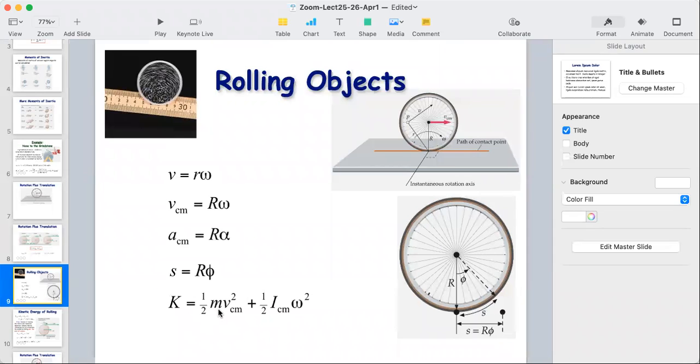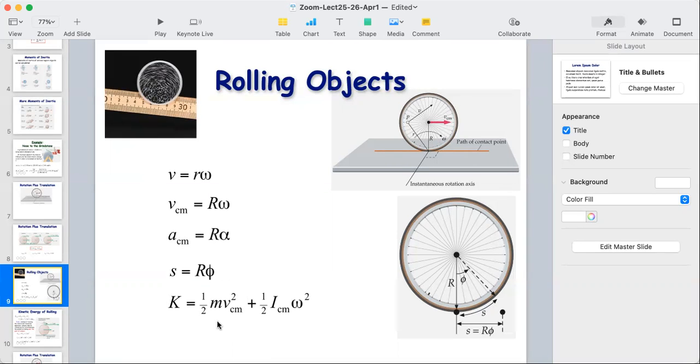Translation, we know, is 1/2 m v of the center of mass squared, and the rotation is 1/2 the moment of inertia times omega squared. Okay, so this is going to be your kinetic energy. I hope it's clear for you.